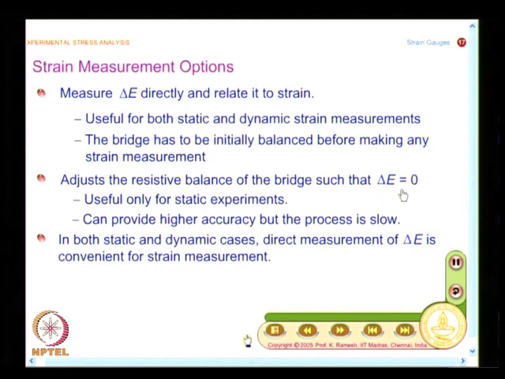This is good for static experiments, and it can provide higher accuracy. Nevertheless, for both static and dynamic cases, direct measurement of delta E is convenient from a practical viewpoint, and that is what we will try to do. Now we will look at how I can improve the signal from my Wheatstone bridge.